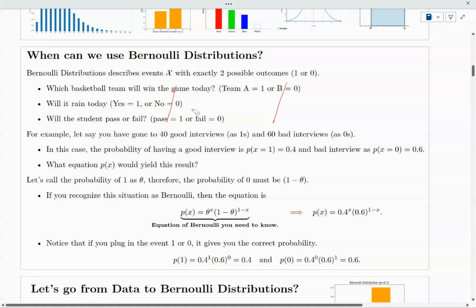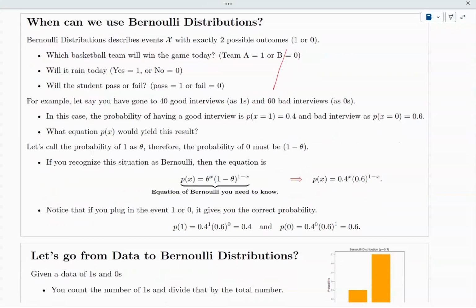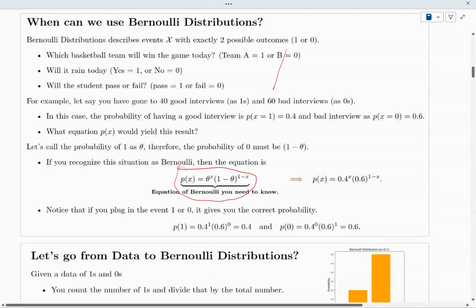Well, it's actually pretty easy. First, recognize that this is a Bernoulli distribution. And since this is a Bernoulli distribution, the equation looks something like this, where theta is the probability of 1. So we know that the probability of 1, which is a good interview, is 0.4, and the probability of 0 is 0.6.